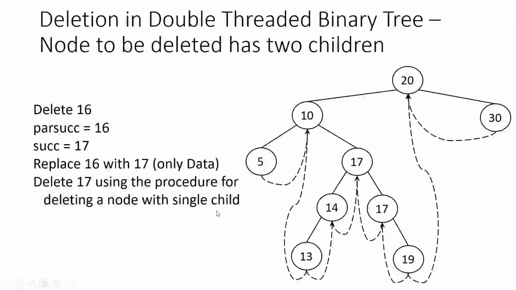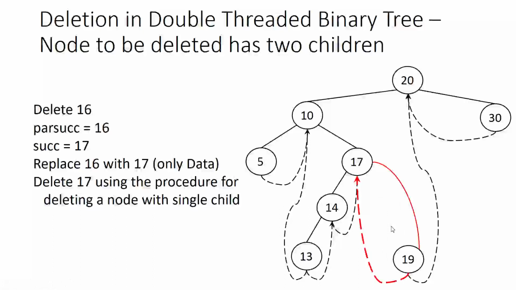Previously we have seen how we deleted 17. So what we have done in that case, 19 is made the right child of 17. So you will establish that connection and the left thread of 19 will be connected to this 17. Then you delete this 17, which is the right child of 17. So that one will be deleted.